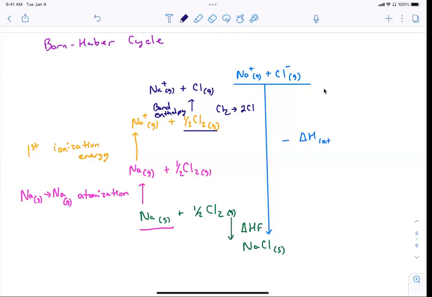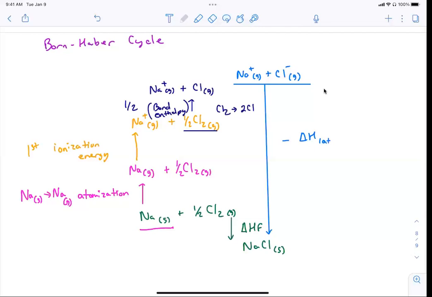Half a mole of bonds. You do 1/2 here, because it's half a mole of Cl2. So there's only half the mole of bonds you're actually breaking, so you have to have the bond enthalpy. No, no, it's the coefficients that matter.